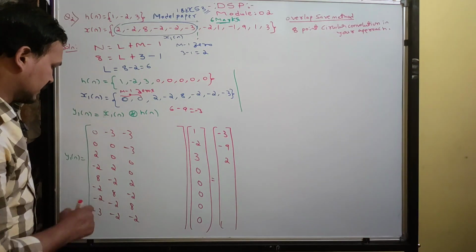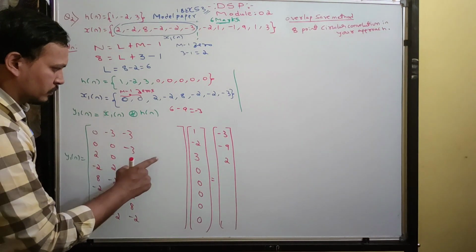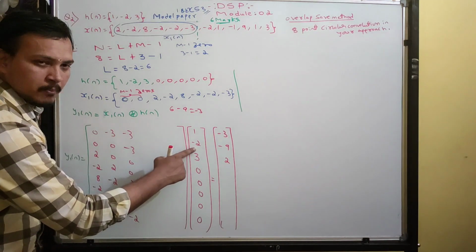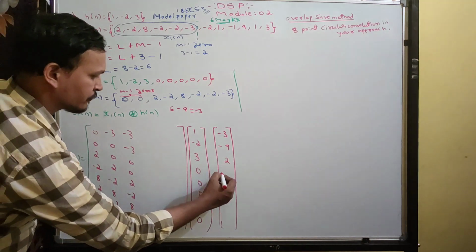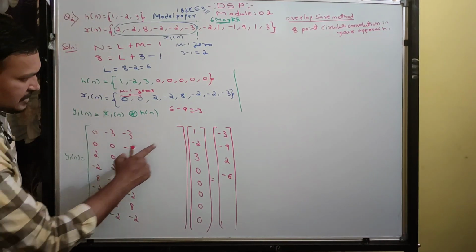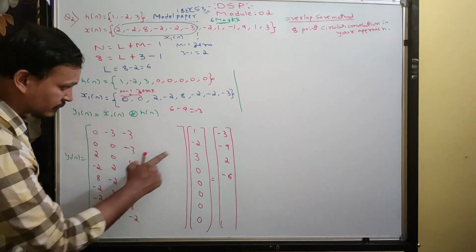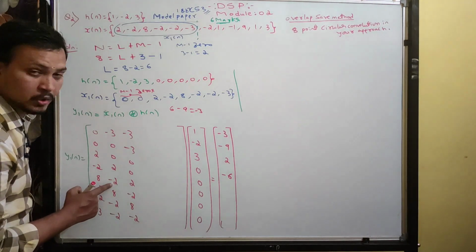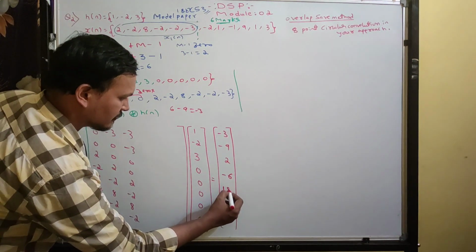Next, minus 2 into 1, minus 2. 2 into minus 2, minus 4. Minus 2, minus 4, how much? Minus 6. Next, 8 into 1, 8. Minus 2 into minus 2, plus 4. 8 plus 4, 12. 2 into 3, 6. 12 plus 6, 18.